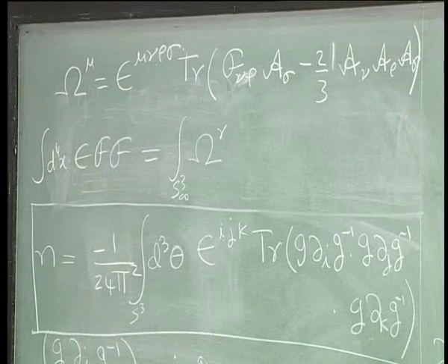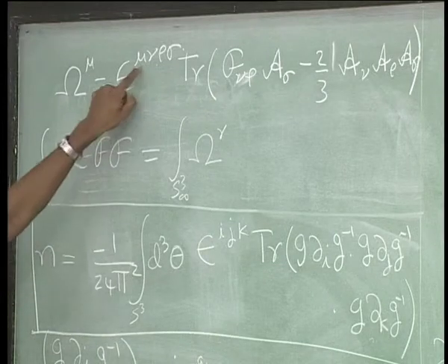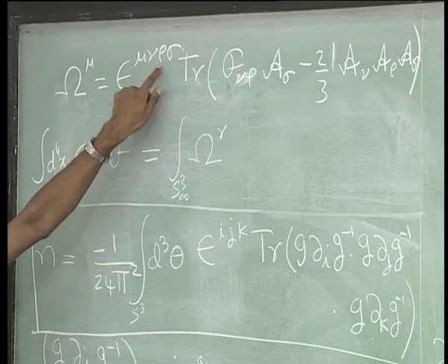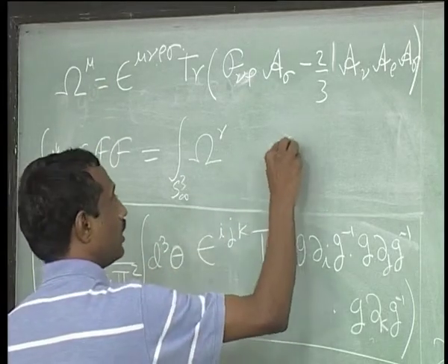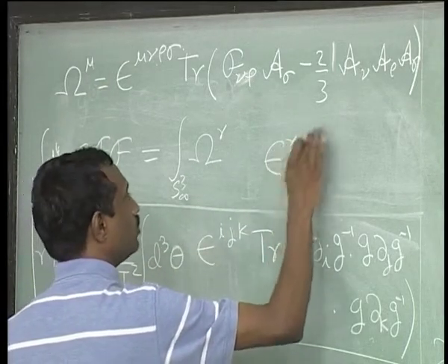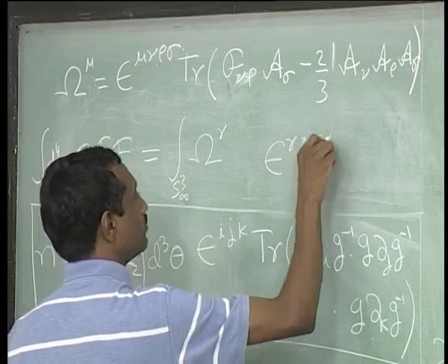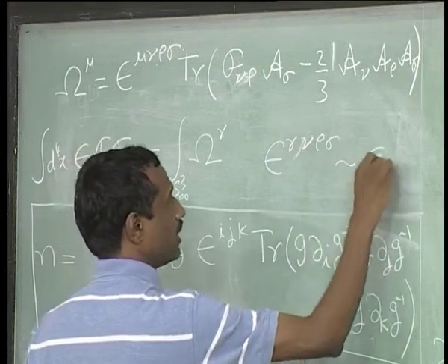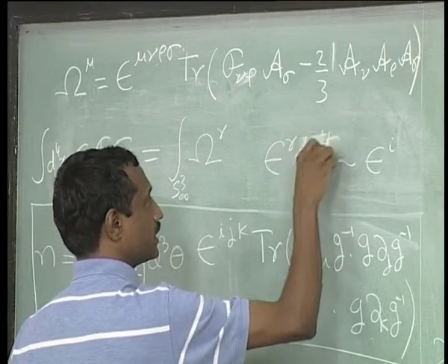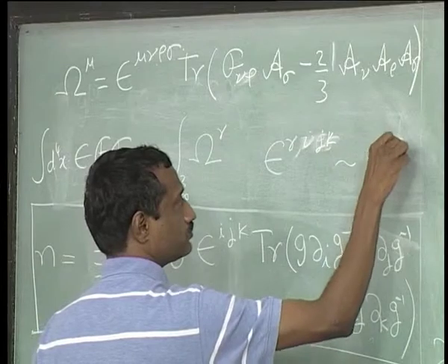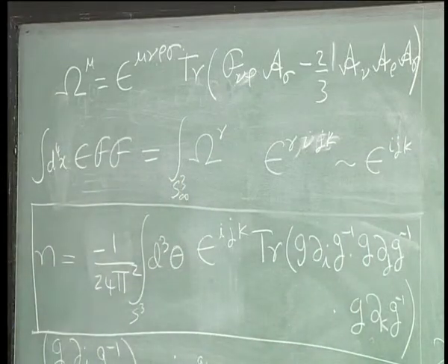If you pick this index to be the radial direction, then nu rho sigma will necessarily become directions along the S3. So, epsilon r mu nu rho sigma should be identified with epsilon ijk.